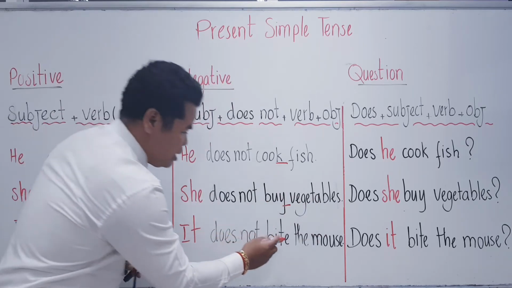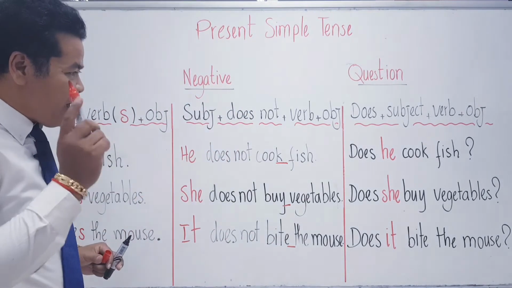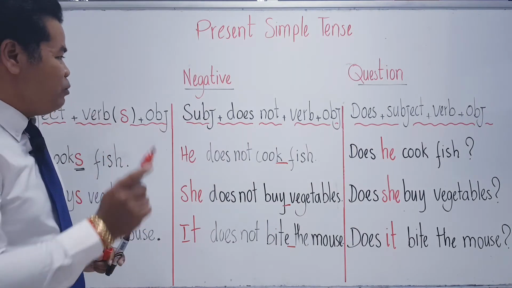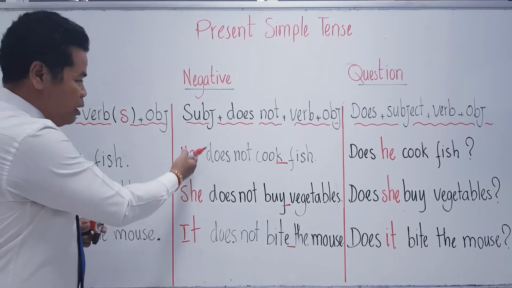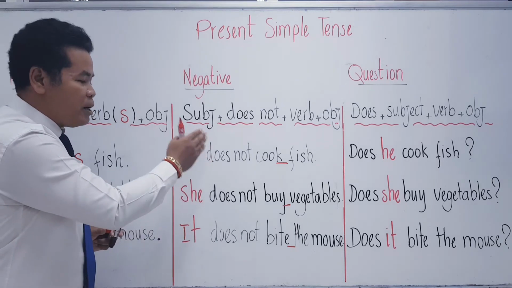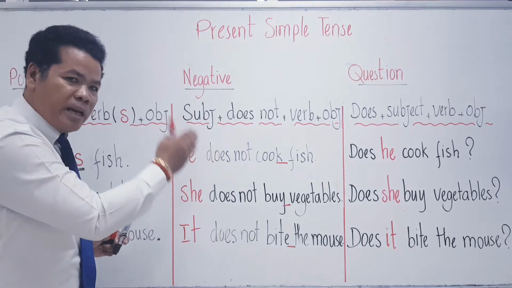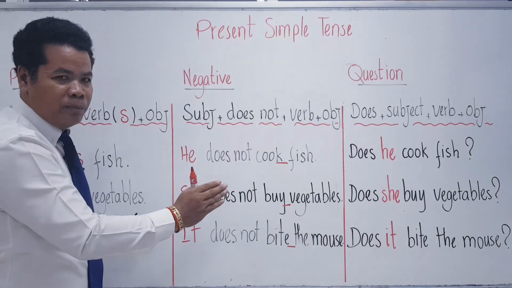So bite here also we don't have S. To know whether we have S or not, we have to look at the positive sentence. In the positive sentence, we can add S according to the subject: he, she, and it. Even though this one also has he, she, and it, it is not a positive sentence. This is the negative one, alright? So there is no S at the end of the verb, right?